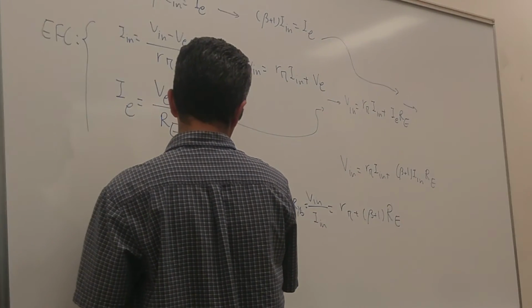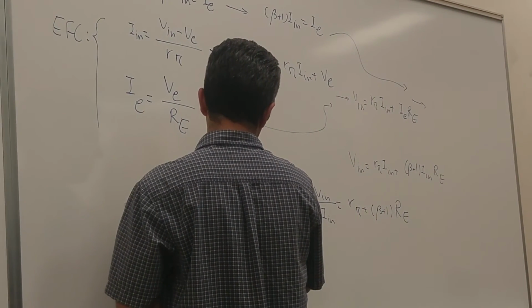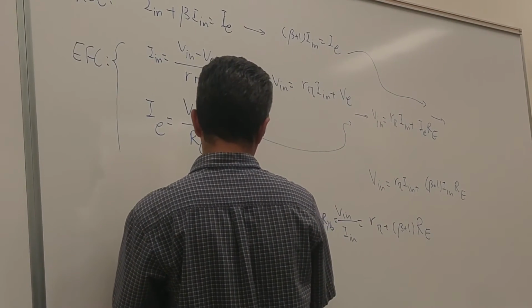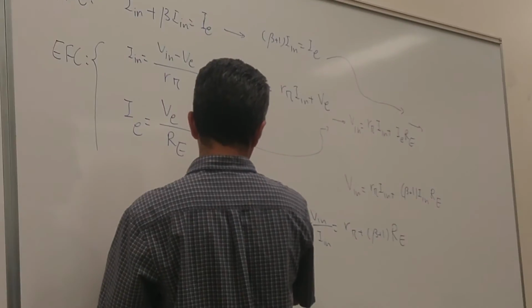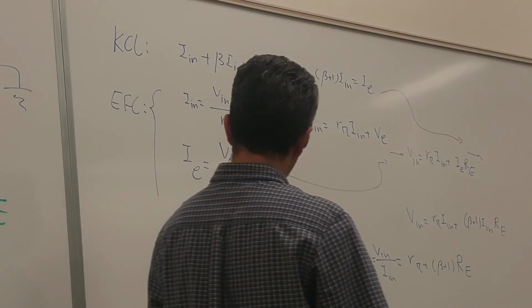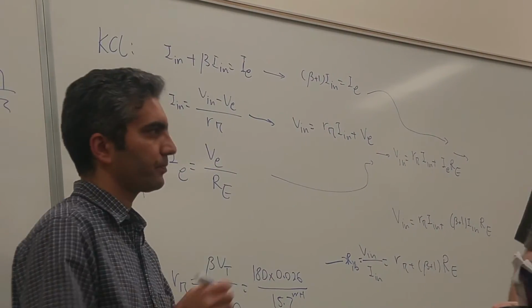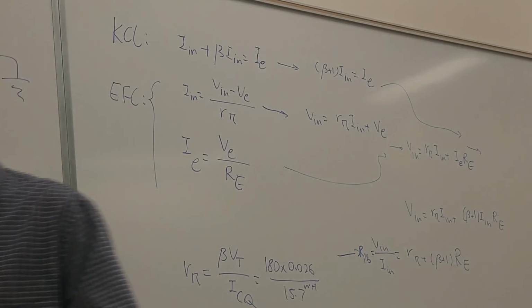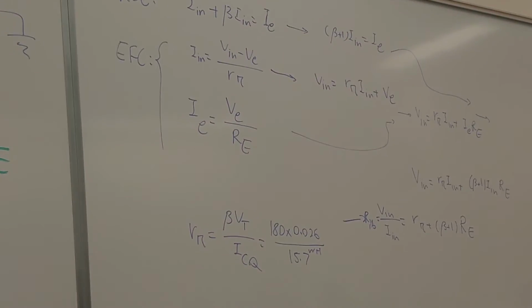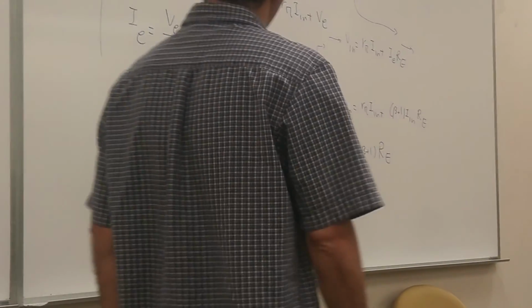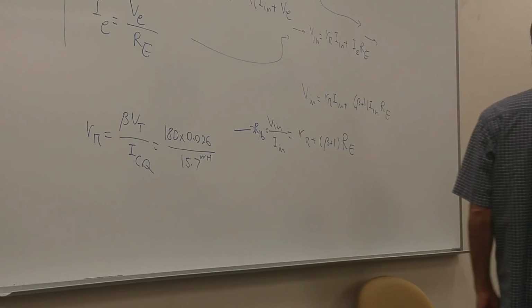Beta is 180, VT is 26 millivolts over that was 15.7 milliamp, right? So then you get R pi and you put it in there, you get R in. So the equation that I said you're not, if you remember it correctly, I still don't allow you to use it.